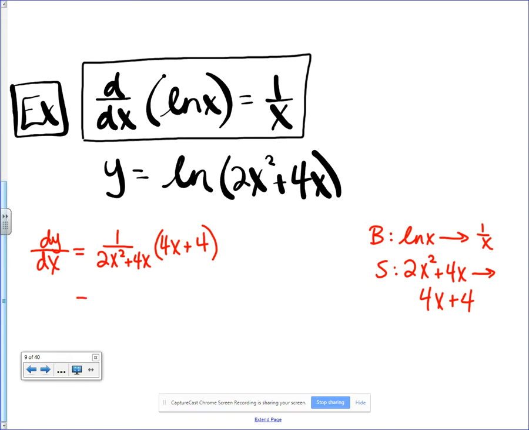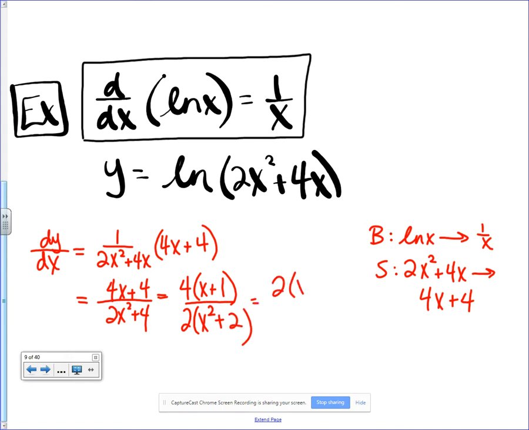Now, these are just being multiplied, so I can go ahead and do this. I probably can reduce this a little bit. So it will look like that as my final answer.